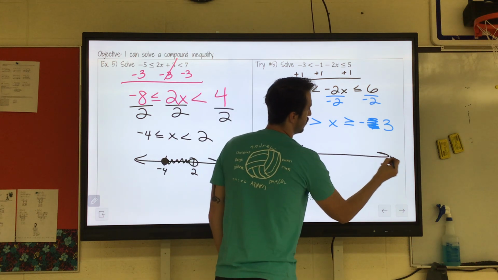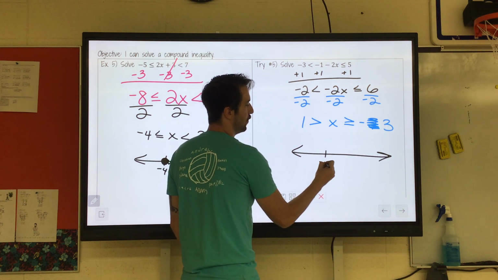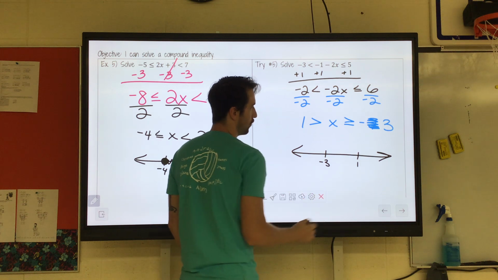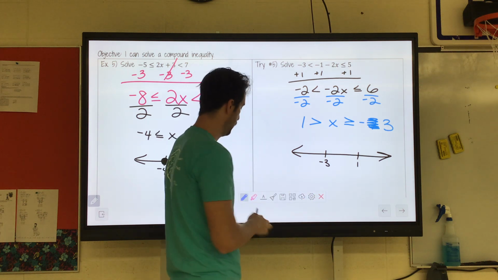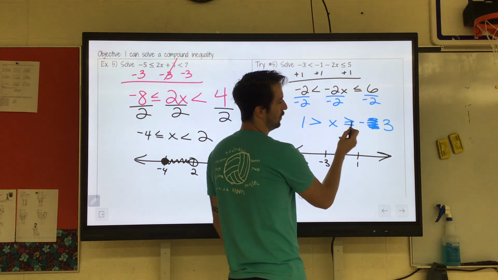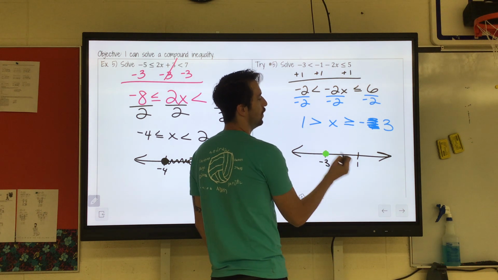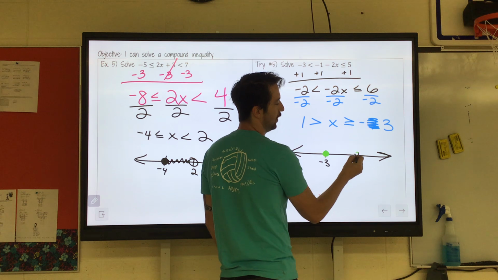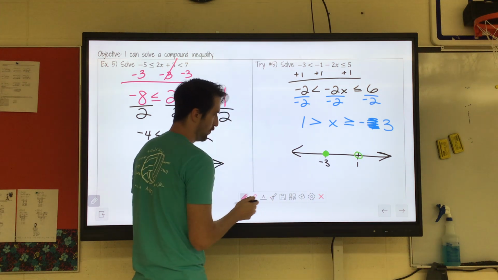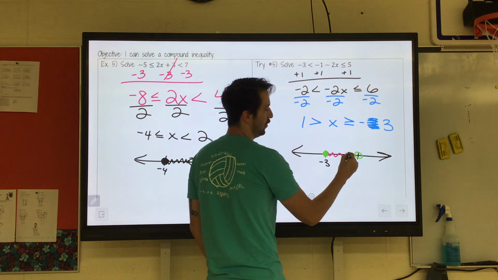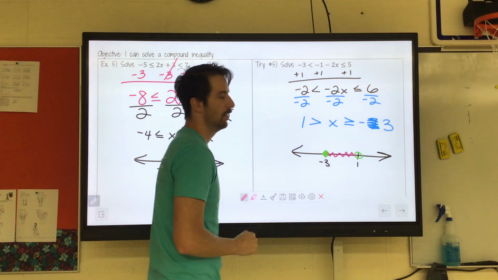So if I was to put this on a number line, -3 is the smaller one. 1 is greater. The -3, if you look at the inequality, it's greater than or equal to, so it's going to get a full dot. The 1 is just greater than, so it's going to get an open dot. This is an and problem, and and problems we shade in the middle.